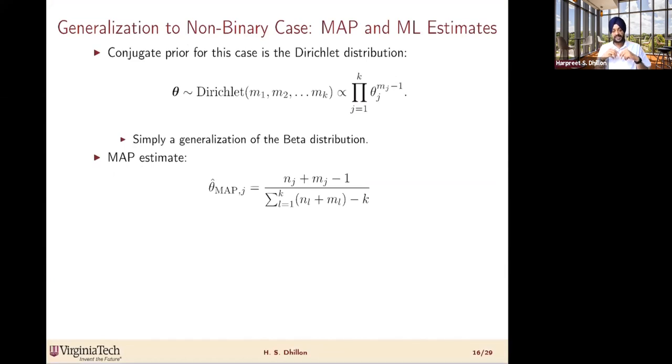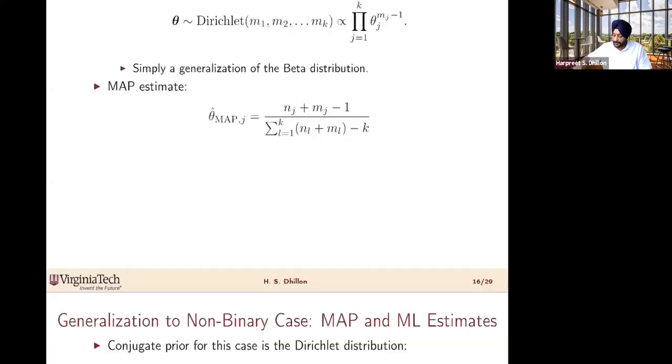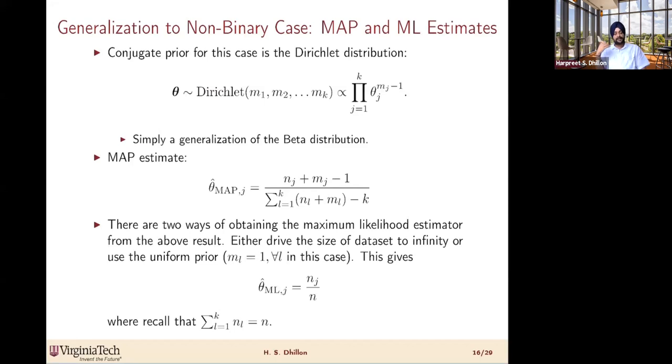Now, the MAP estimate in this case also has exactly the same form. We had this nj plus mj minus 1 form, and then you have a very similar term in the denominator. If you want to recover the ML estimate from this case, you can do one of two things. One is you can take the limit that your data size goes to infinity, so that with a large data set the importance of the prior keeps on going down.